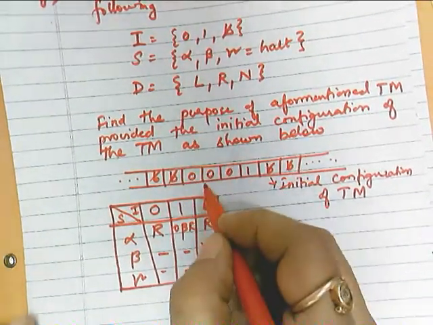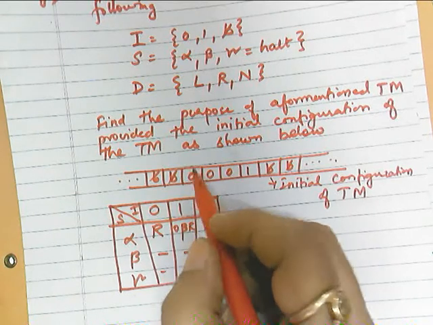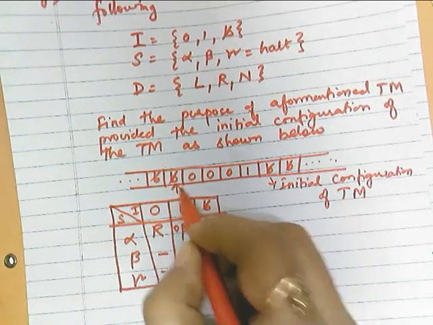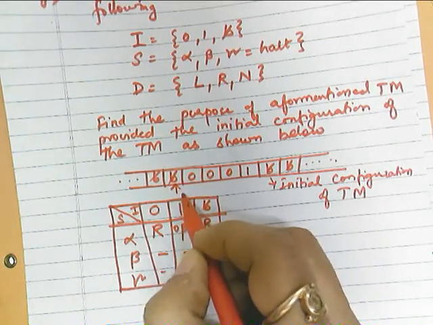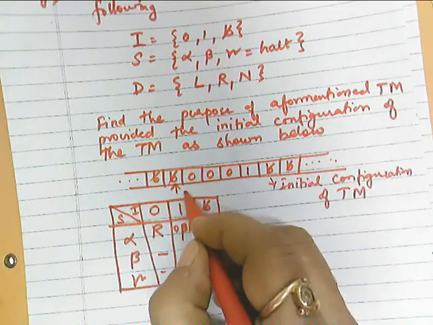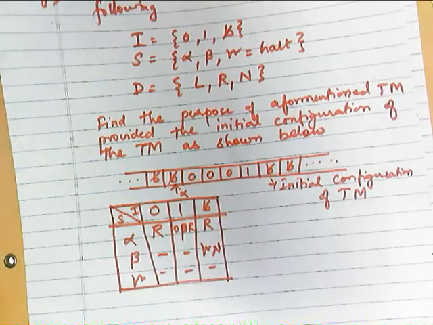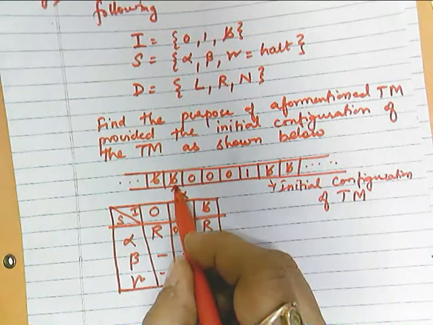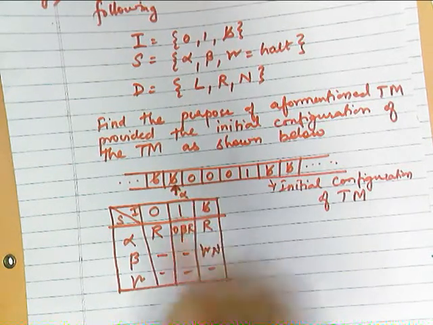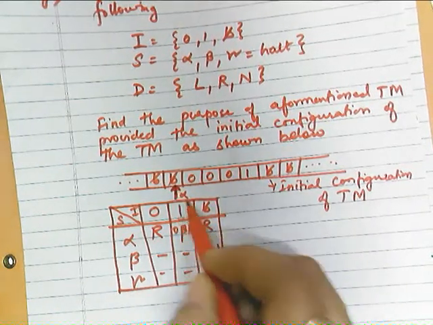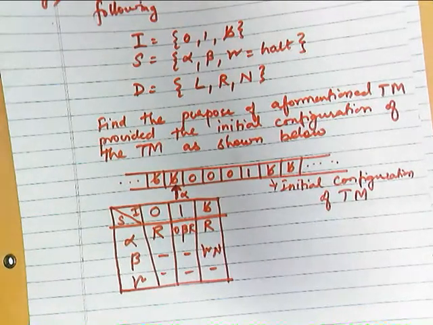Now if we are saying ID, then we should have the information of where the head is located and what the current state is. So here the head is located at the blank and the current or initial state is alpha.